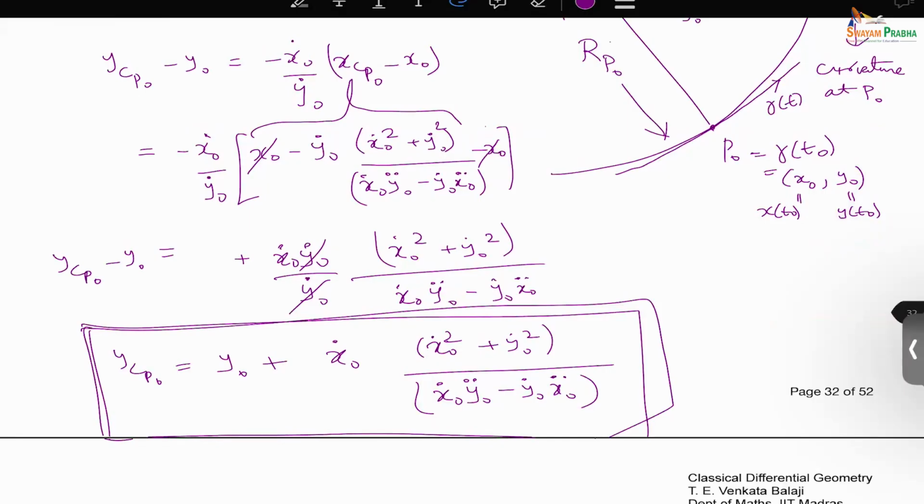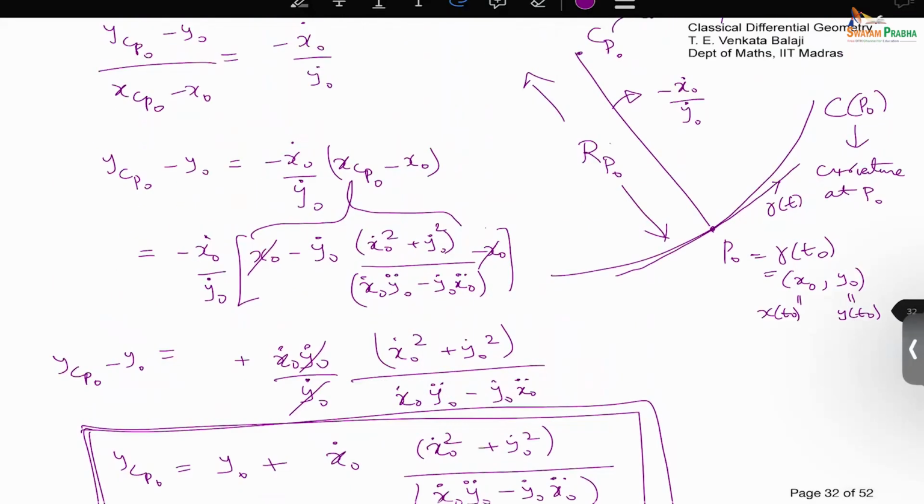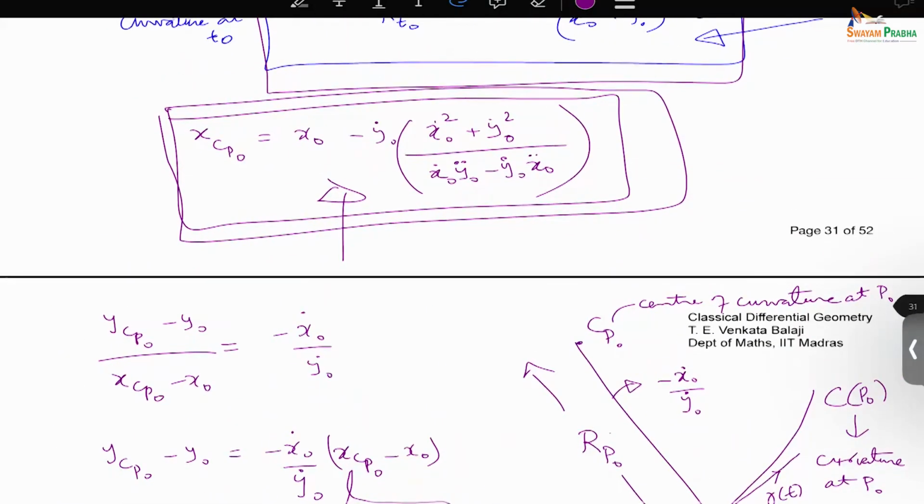Now I want to write this out in vector form and compare it with the equation that you got from the triangle law of addition. That is what will give you the radius of curvature. So put these two together, x_cp naught, y_cp naught.